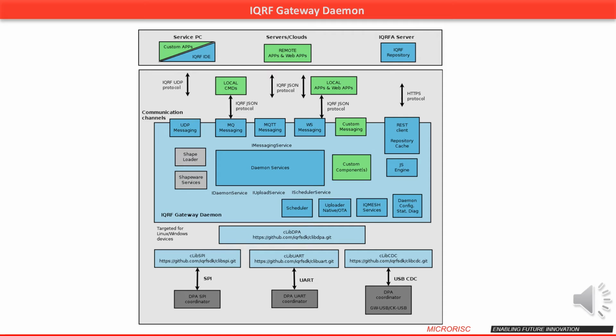The Iqrf Gateway Daemon is also responsible for communication with the Iqrf repository, which is a server that provides important information for various types of sensors present in the Iqrf network, such as firmware version, type of measured quantities, and so on. Last but not least, the Iqrf Gateway Daemon communicates with the web application, which provides a graphical user interface that allows the gateway to be easily configured.